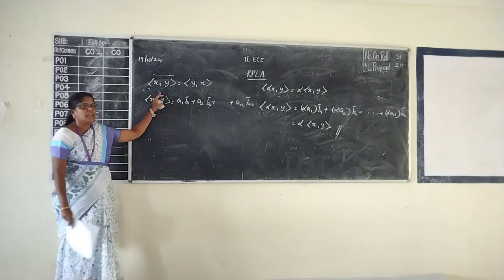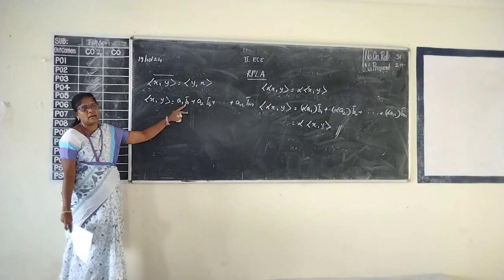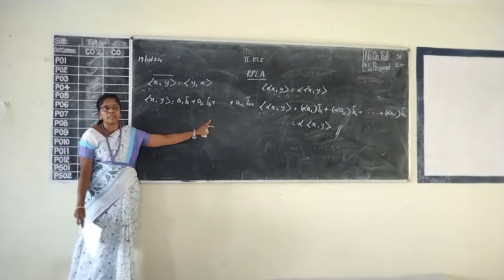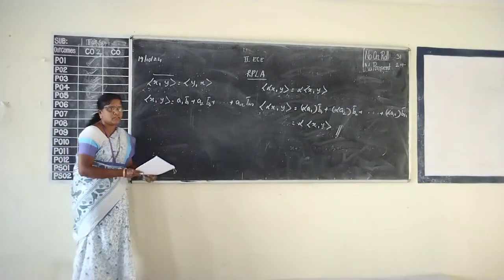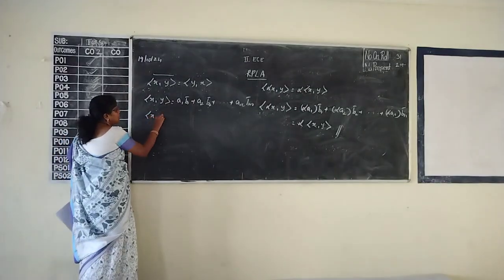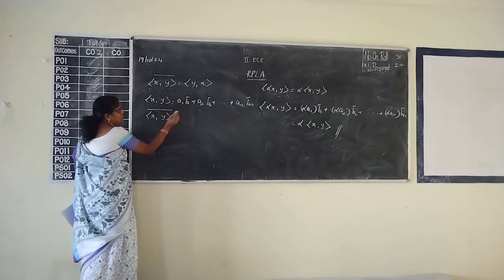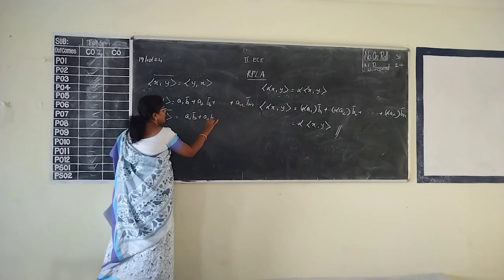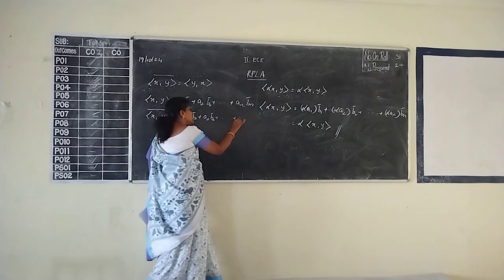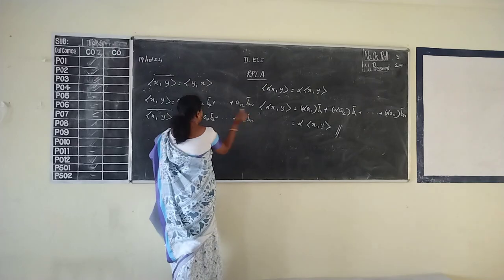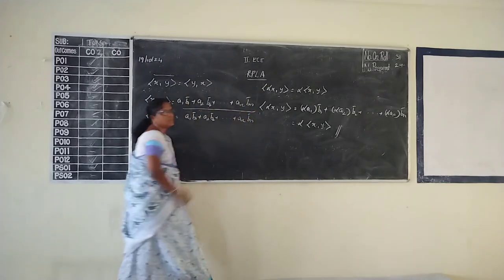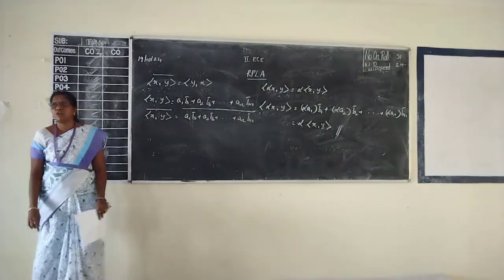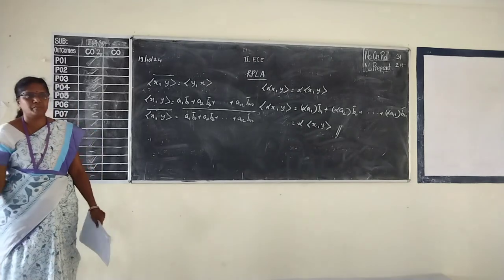But what is it that we need? The inner product of x comma y, whole bar. So apply the complex conjugate on both sides. So what happened? Inner product of x, y whole bar is equal to A1 B1 bar plus A2 B2 bar plus etc., An Bn bar, the whole bar. We are going to apply the complex conjugate to the entire expression.